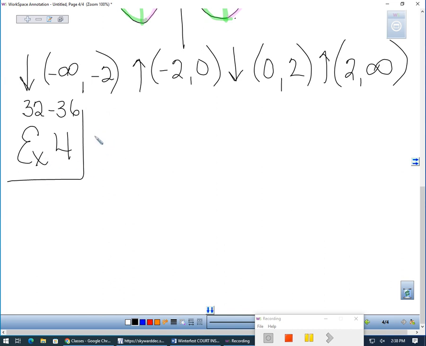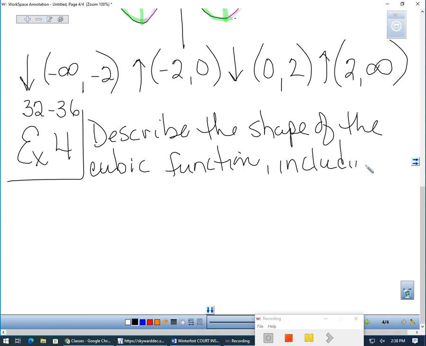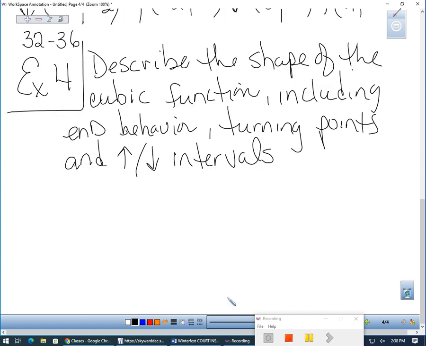And in this section, I want you to describe the shape of the cubic function, including end behavior, turning points, and increasing and decreasing intervals.